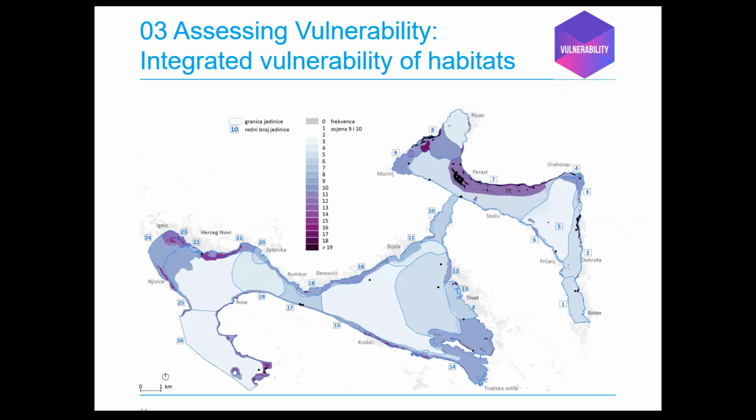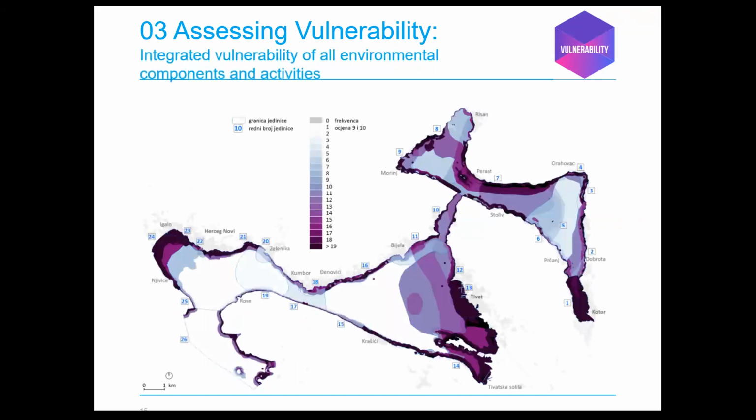So the darker the area shows again the vulnerability of this component to the largest number of the activities. And this is the final image, showing the integrated vulnerability of all environmental components and all the activities.